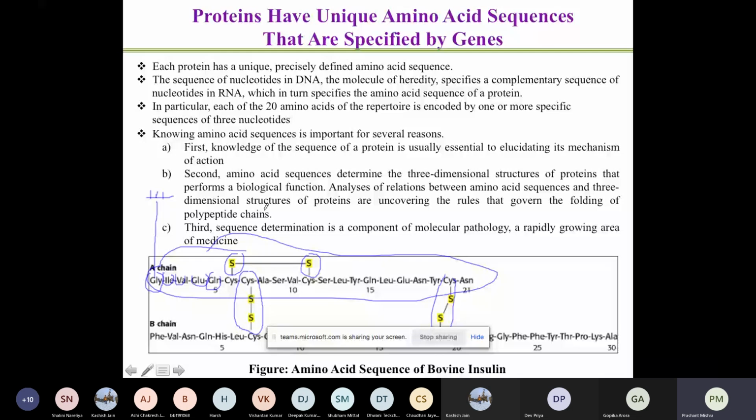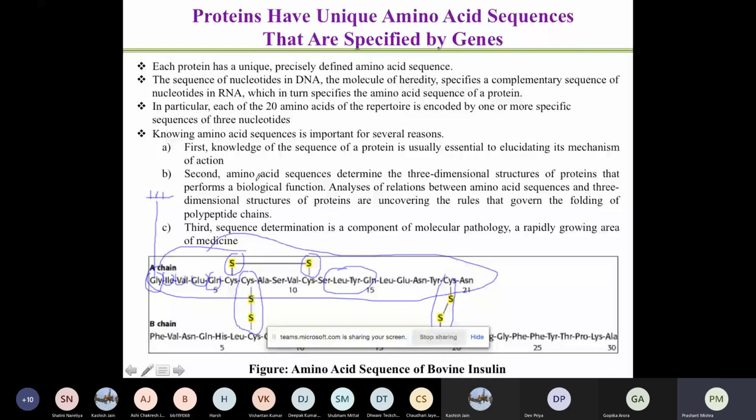If I say that these three residues are important for interaction or binding with the substrate, how can you define that unless you show that these amino acids are involved in the binding? That's why the amino acid sequence, especially the sequence at the catalytic site, becomes important to determine the mechanism of action. The amino acid sequence also determines the three-dimensional structure of the protein.